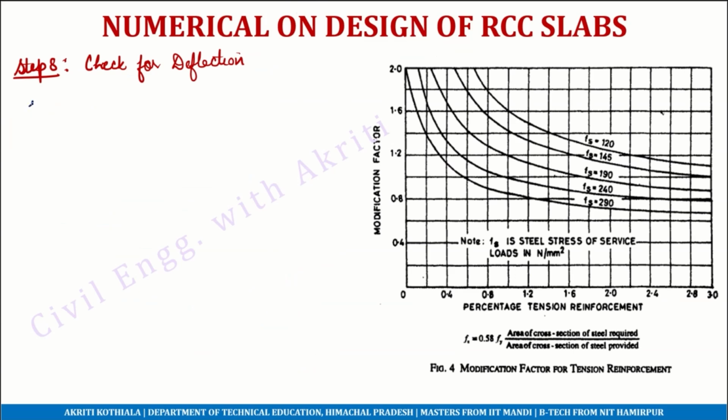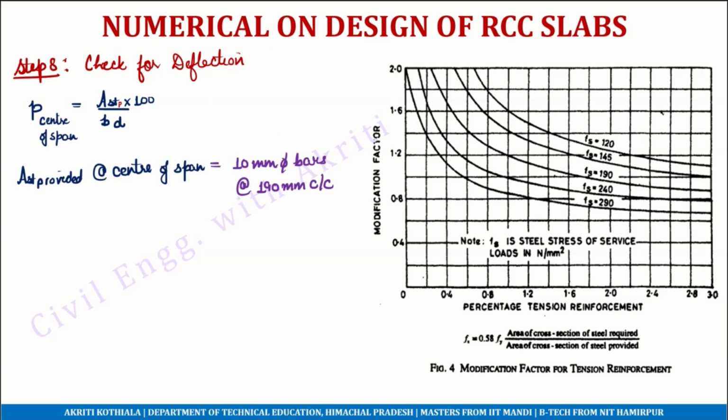For deflection, again we have to calculate the percentage of steel, but this will be at the center of the span. So center of the span means that we have to consider the AST which we have provided. So AST provided at the center of the span is 10 mm diameter bars at 190 mm center to center.